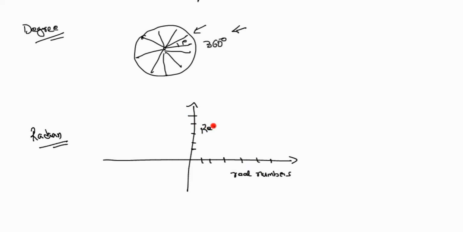But the degree is not a real number. So if I have to plot a graph between real numbers and degrees, like the curve of sine, I cannot plot a graph because one is in degrees, one is in real numbers.